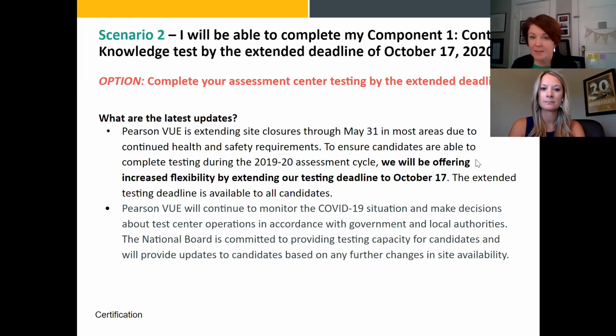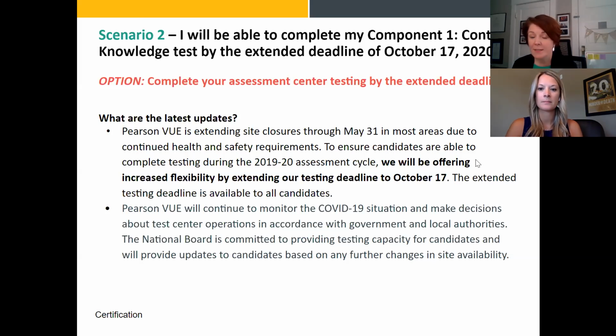So what are the latest updates as it relates to component 1? So most of you probably know, if you have registered for this component, that our team and candidates have had lots of questions about how site closures are impacting the assessment centers.